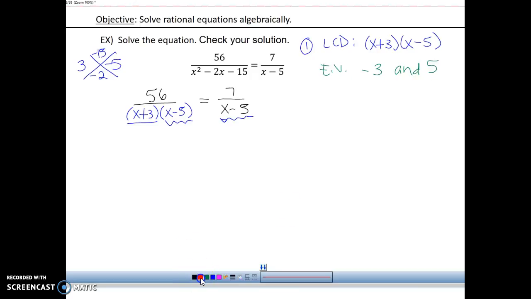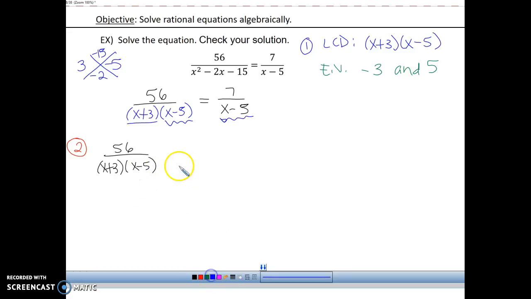My step 2 is to multiply. So if we were to multiply for step 2, remember, you want to stick to this one that's already factored. So we're going to have 56 over x plus 3 times x minus 5.